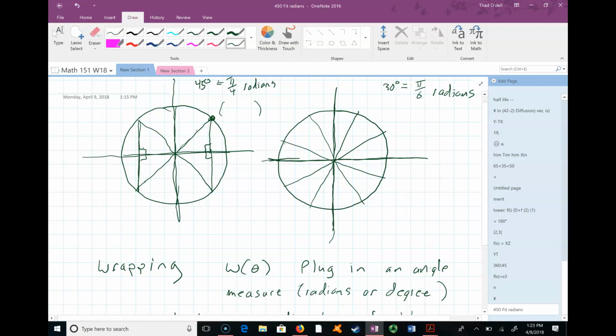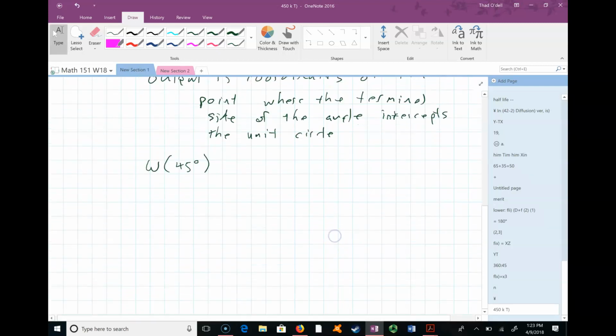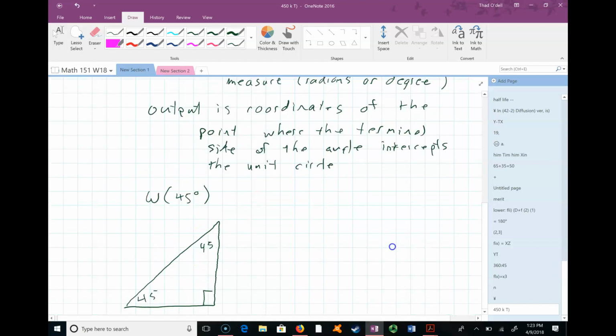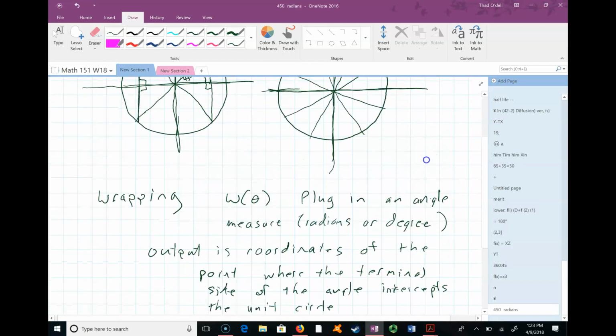And we know that this angle right here is 45 degrees, which makes this one up here also 45 degrees because they have to add up to 180. So 45 plus 45 plus 90 equals 180. And notice all these triangles are the same triangle. They're what we call a 45, 45, 90 right triangle.